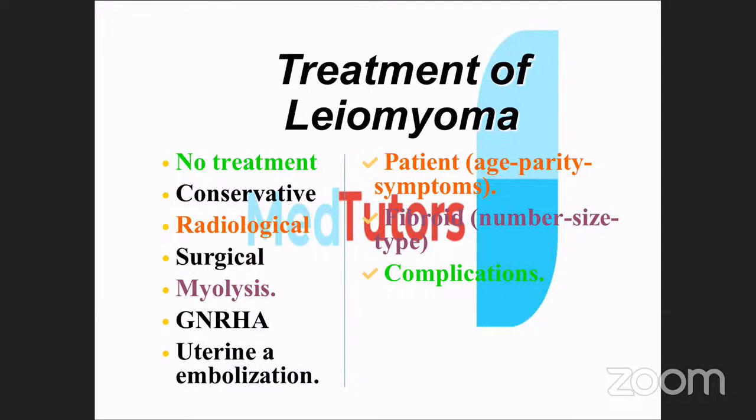Then, of course, you can use GnRH agonist or antagonist. In this case, the woman is 46 or 48. She's just perimenopausal. She has some fibroids, not many, and then she doesn't want to get pregnant. Or she has a contraindication to surgery. Maybe she has a bleeding diathesis, and maybe she's a known hemophiliac.